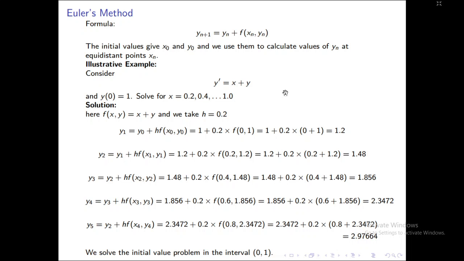Now the initial values are given by the initial value condition, that is y at x naught is equal to y naught. So the values of x naught and y naught are given in the problem itself, and f of x, y is also given in the problem. So we start with x naught, y naught and calculate the value of y1. Then using x1 and y1, we calculate the value of y2 and so on.